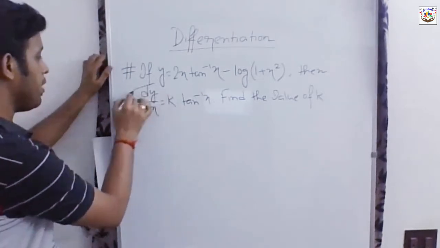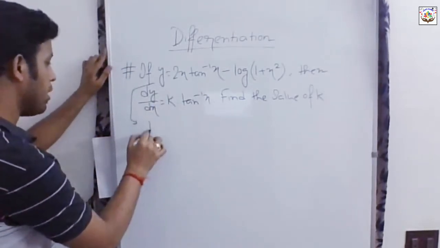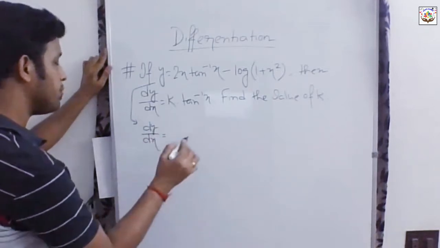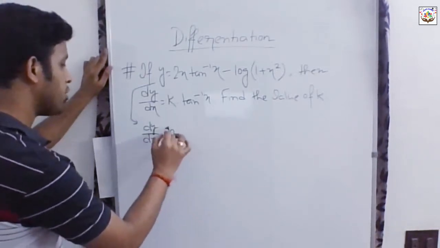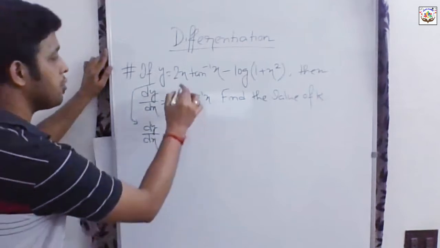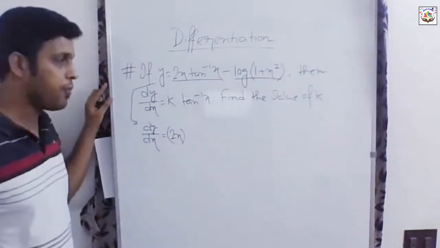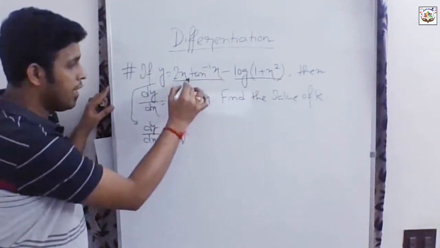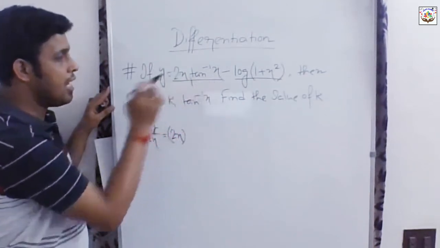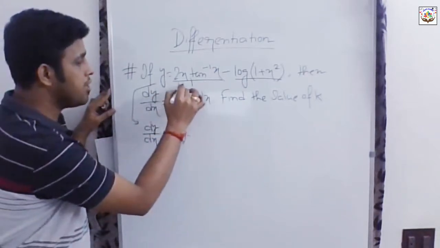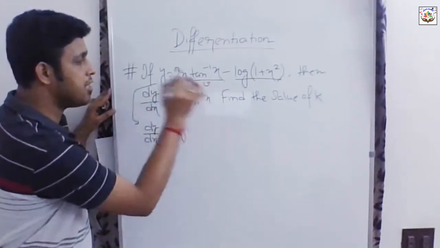So if we differentiate y, it will be dy/dx, right? So let's keep the 2x part as it is. So segment this as two different functions. Again, 2x and tan inverse x can be considered as two separate functions. So I am considering 2x as u and tan inverse x as v.